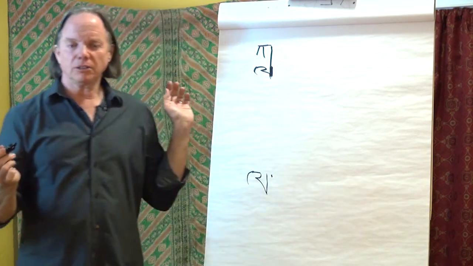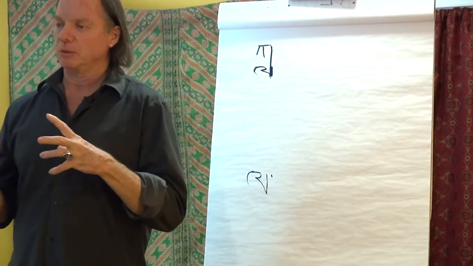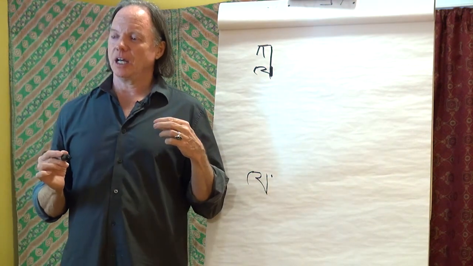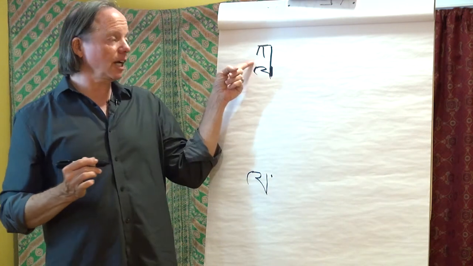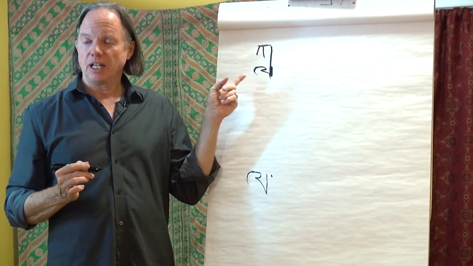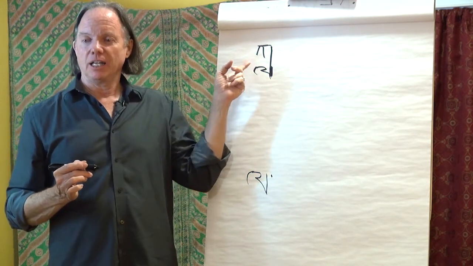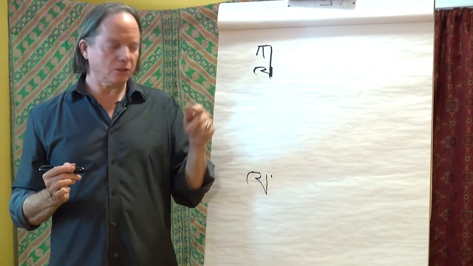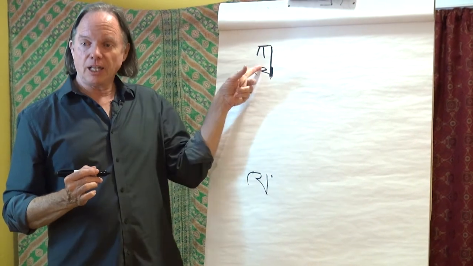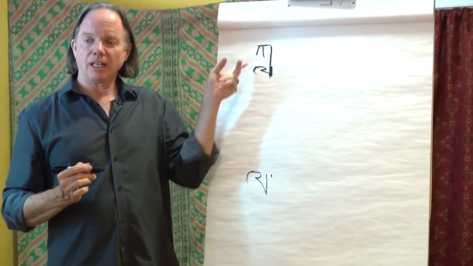Now, all la subjoins, with one exception, just become a high tone la. Okay. So say ka, latak, la. Ka, latak, la. So this is la, high tone. I can give an example of a word.